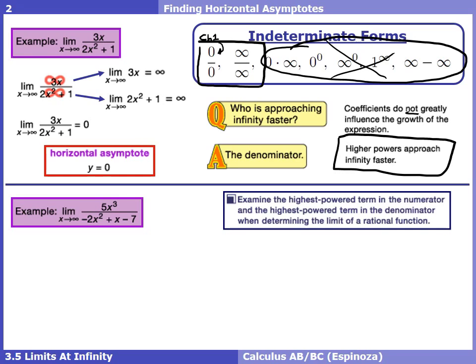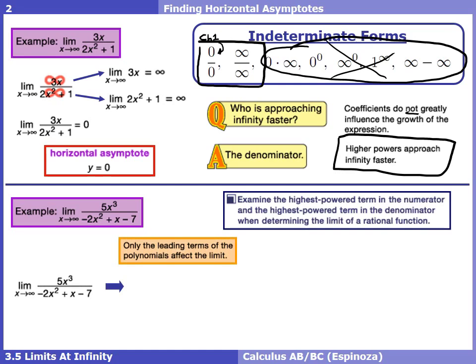A very important thing you should have taken away so far from this lesson is that we're looking at the highest power in the numerator and the highest power in the denominator to determine the limit. The thing we need to keep in mind is only the leading term of a polynomial affects the limit. In other words, this is the highest power.